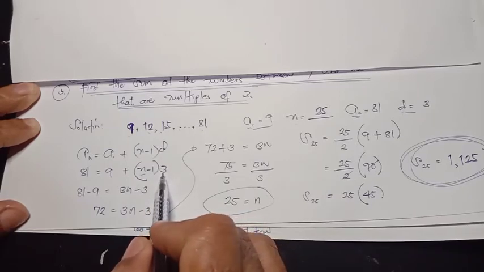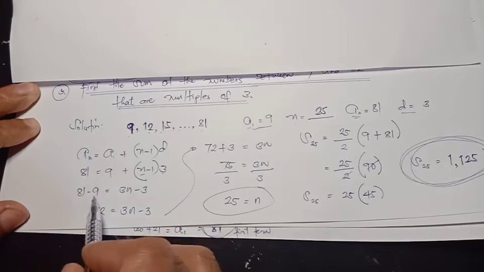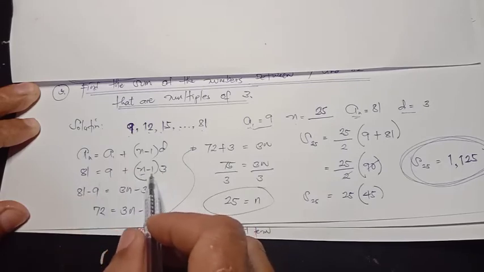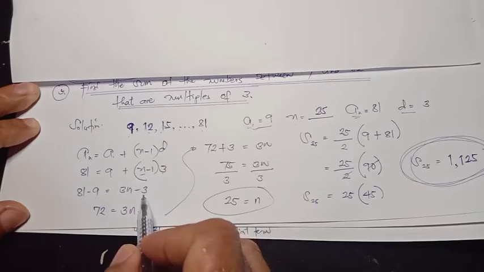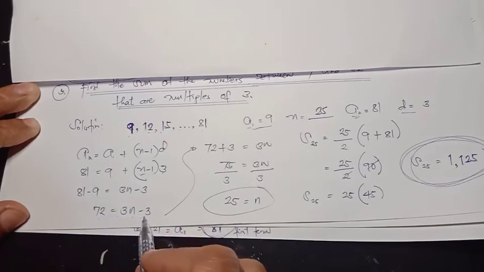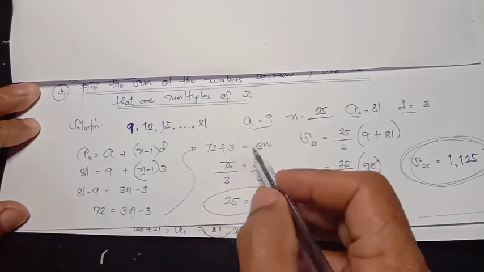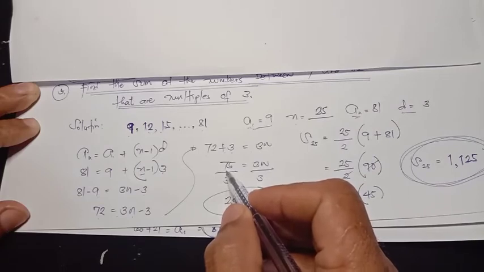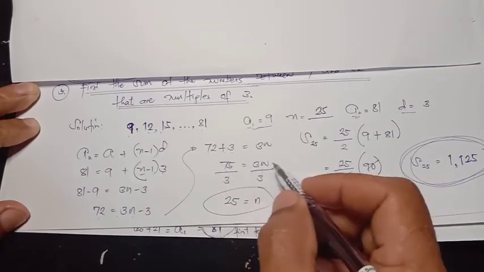So let us simplify. So 81 minus 9 nilipat. 3 times n, 3n, 3 times negative 1, negative 3. 81 minus 9 is 72 equals 3n minus 3. 72 plus 3 equals 3n, that is 75 equals 3n.